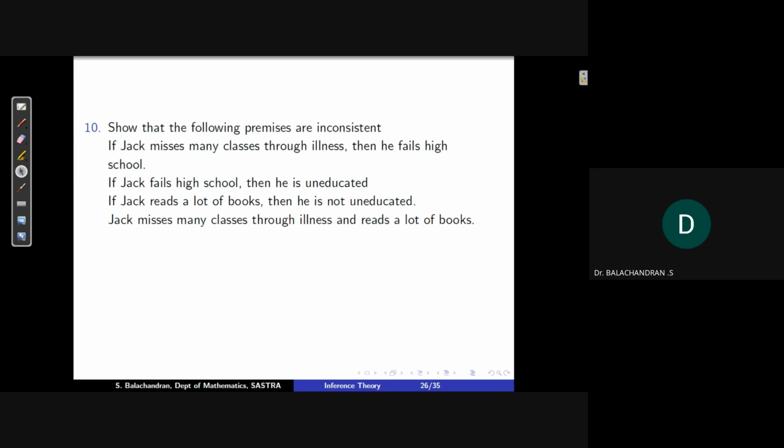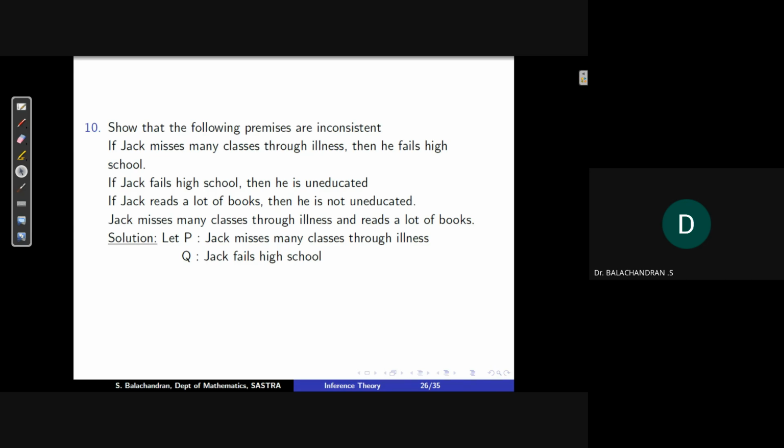So first you should define. Look here. I'll take P: Jack misses many classes through illness. And then I will take Q next: Jack fails in high school.